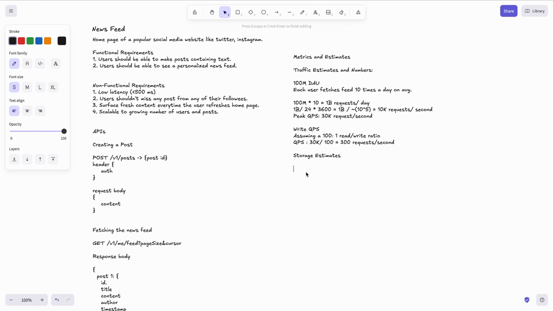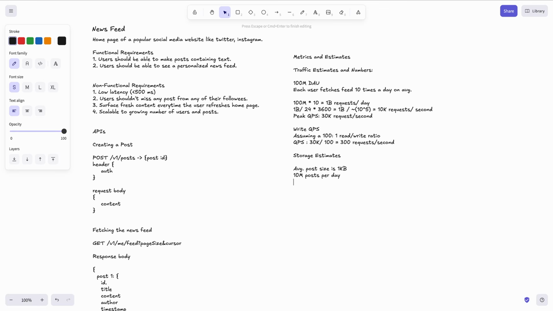So we need to store the data for all the posts in our system. Let's assume that average post size is 1 KB. This accounts for text, content, metadata, any image URL, etc. So we have around 1 billion read requests per day, and with a 100:1 ratio, we would have 10 million posts per day.